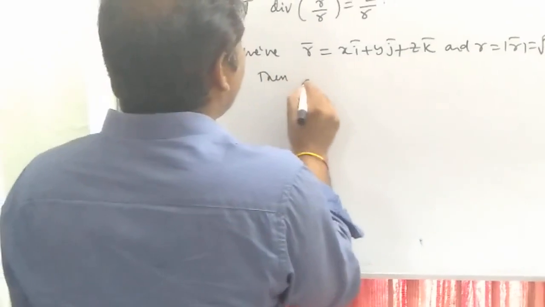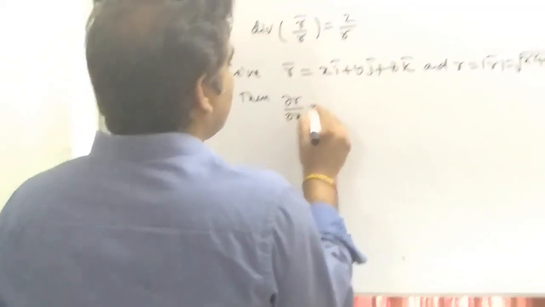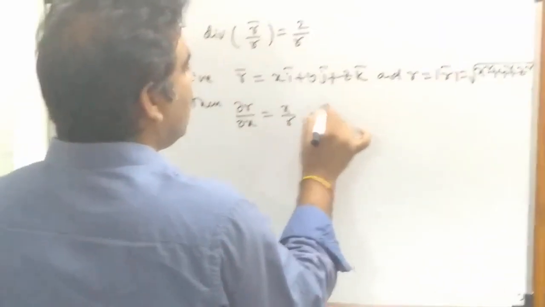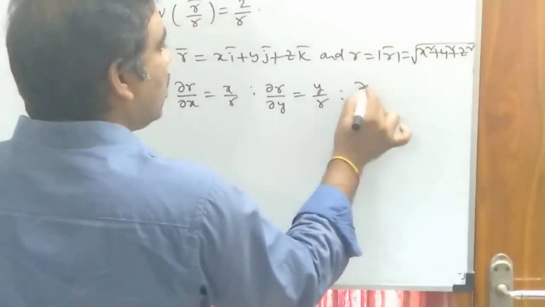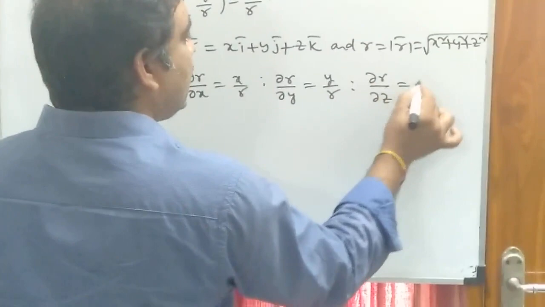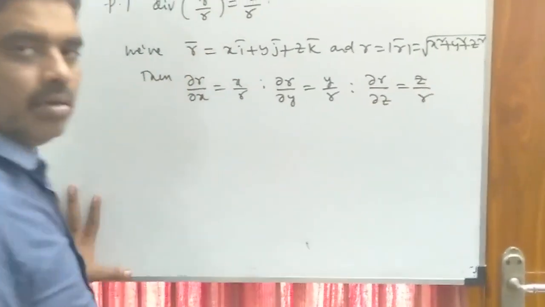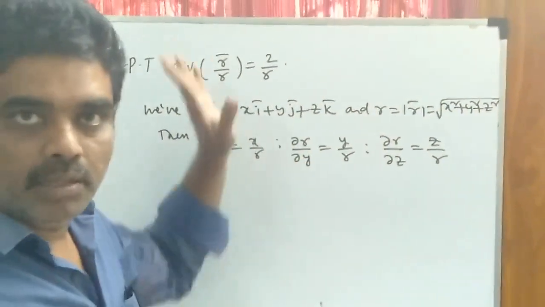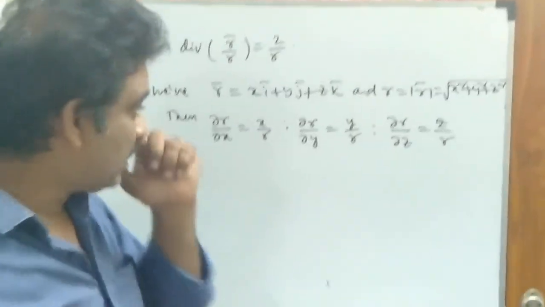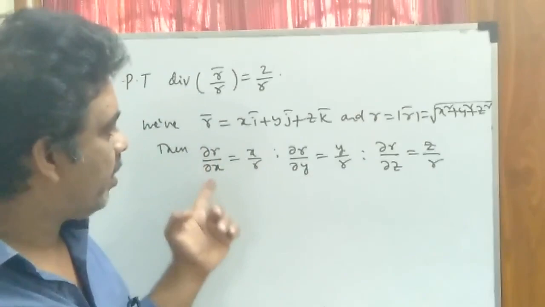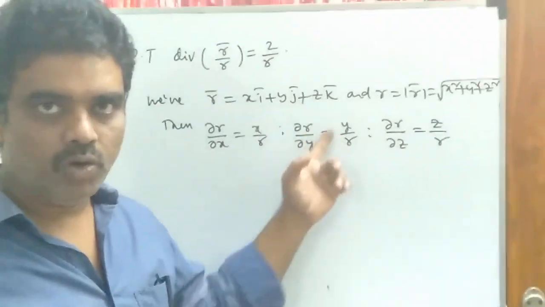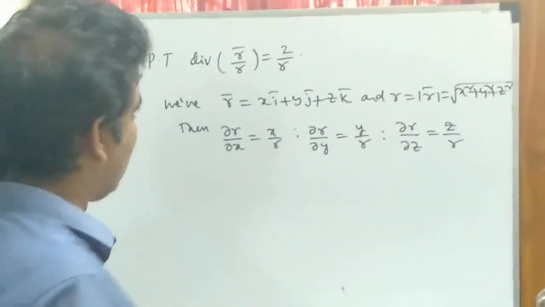Then dou r by dou x is x by r, dou r by dou y is y by r, dou r by dou z is z by r. Already we have seen this in the previous gradient problems, so we are writing the results as they are.